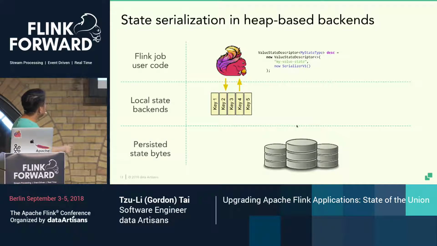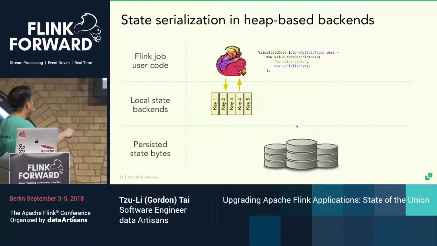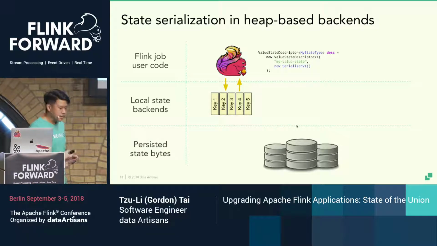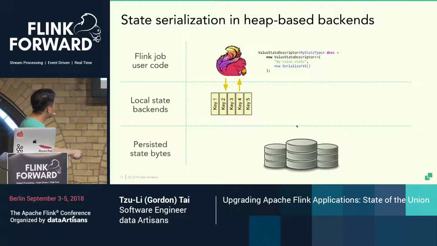In heap-based backends, let's say we have a computation that covers 5 keys. All the state objects are kept as Java objects within the JVM heap. When you manipulate these keyed states, it's basically just changing Java objects.